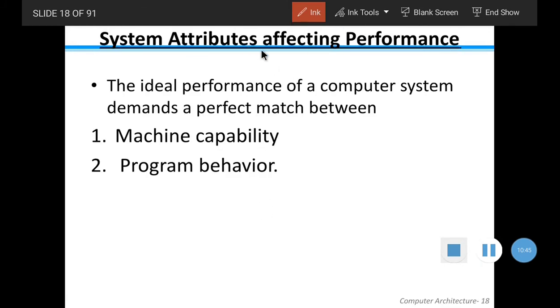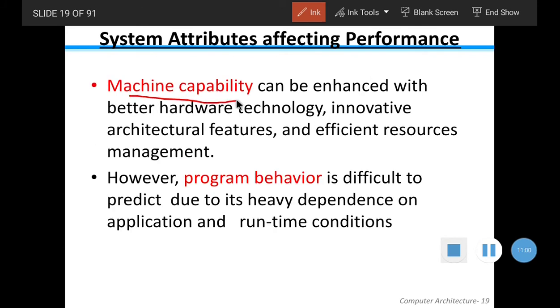The system attributes which are affecting the performance are mainly machine capability and program behavior. These are the two important things. Machine capability can be enhanced with better hardware technology. Instead of 4 GB, we can buy 8 GB or 12 GB or 16 GB.